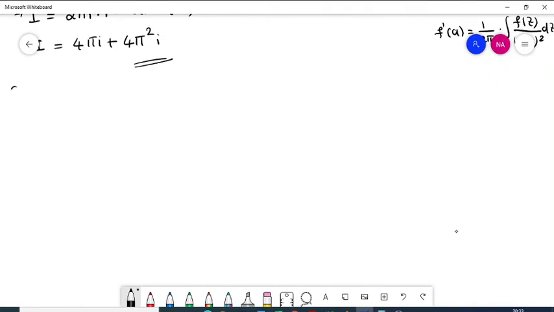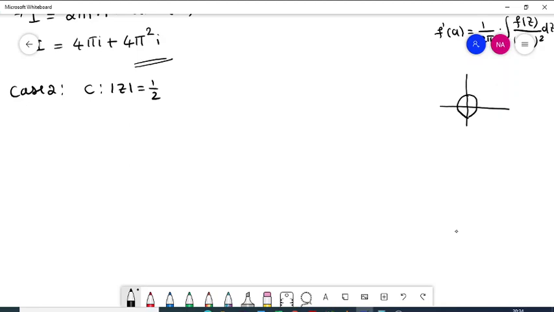Next, case 2. Case 2, the curve C is the circle mod z equal to 1 by 2. So I have to consider a small circle. See here the point.